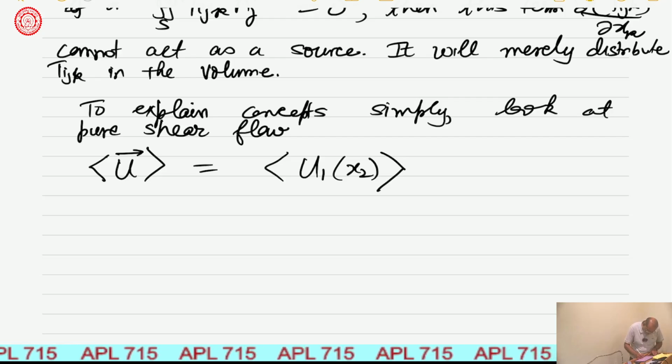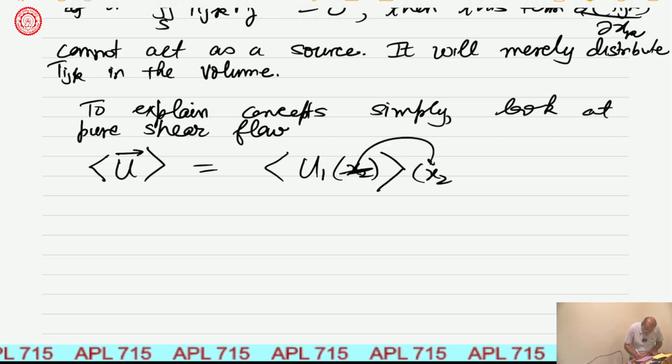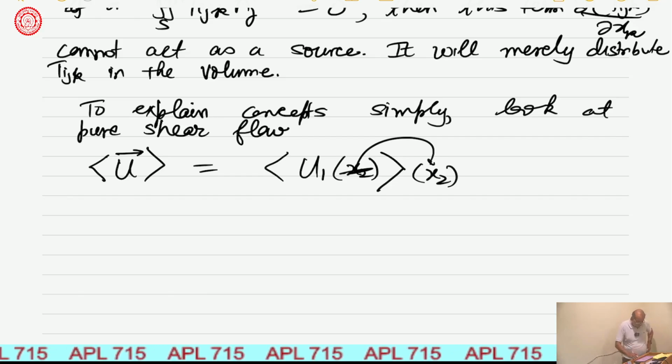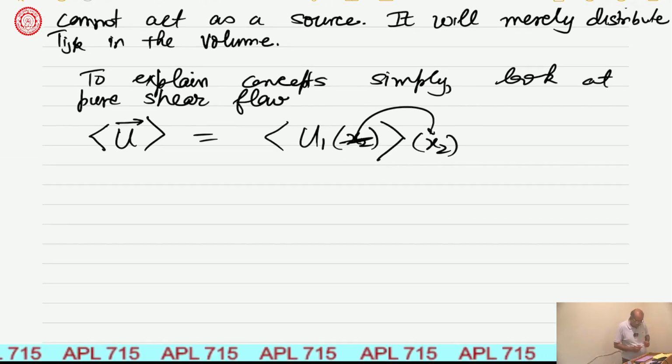In fact, this x2 can be taken out, it really doesn't matter. So mean u1 is only a function of x2.